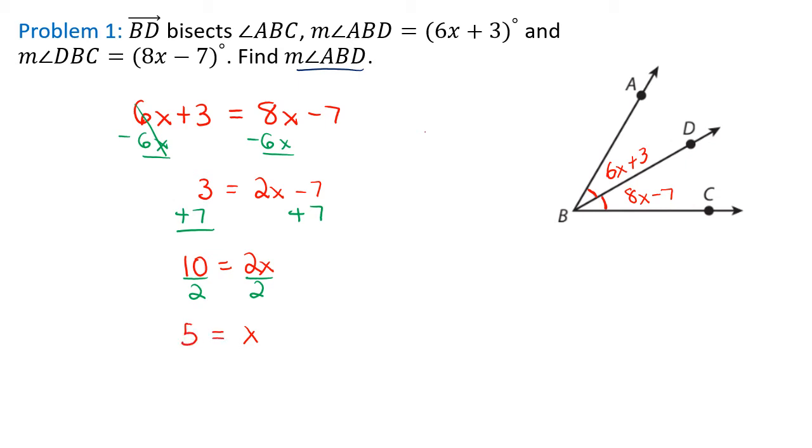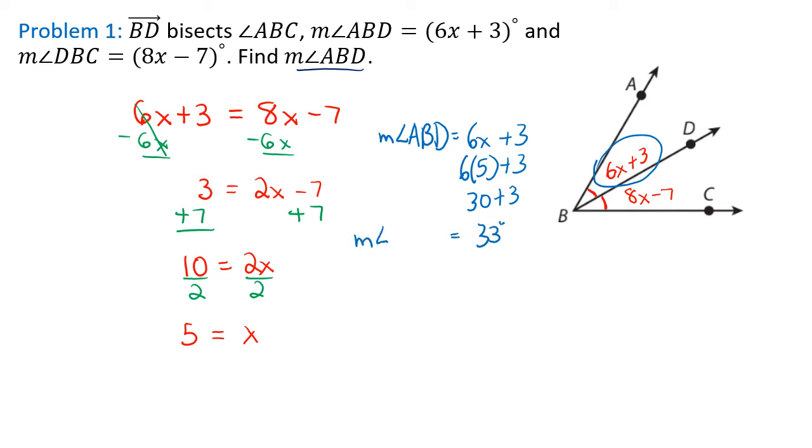Now that we know what x is, we can plug that into the expression for ABD. And that expression is this one right here. So the measure of angle ABD is equal to 6x plus 3. Replace the x with the 5 that we found. We have 30 plus 3, that's 33 degrees.